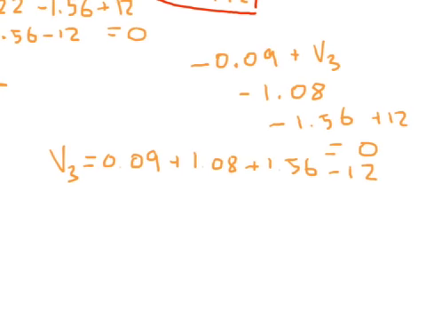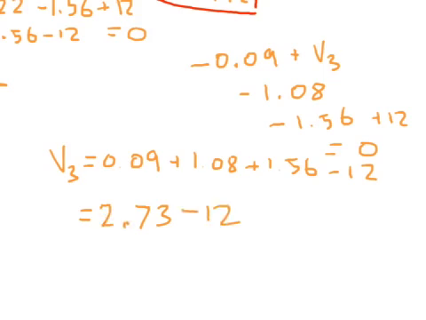I may have done something wrong, unless this battery actually is connected in the opposite direction to which they say it is. But let's see, 9, 8 and 6 is 14, 23, so we've got 23, 3 carry the 2, 2 and 5 is 7, and then 0.2, I think that works out, minus 12.